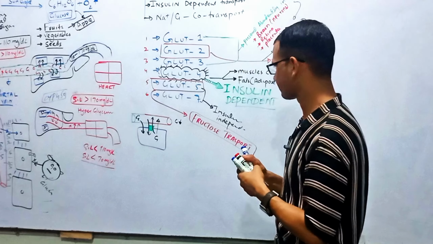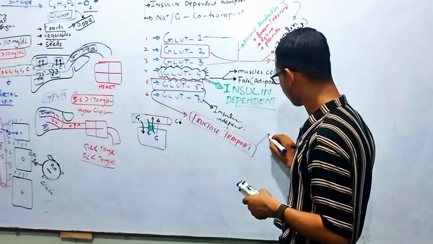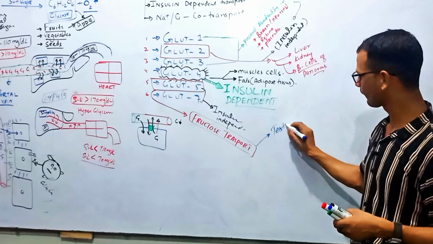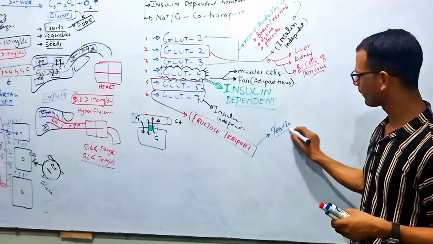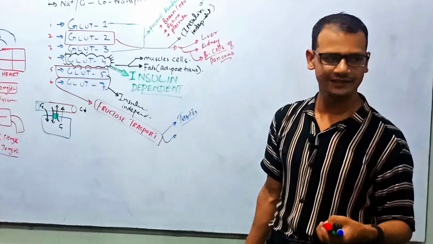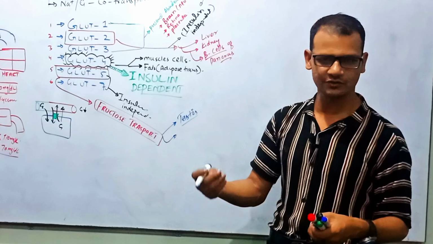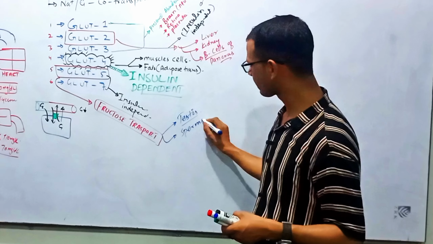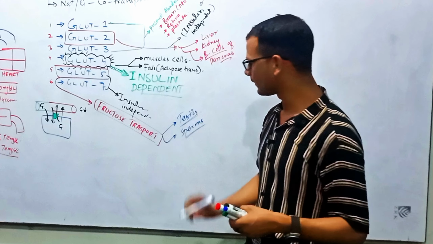What are these cells? First of all, the testes. They feed on fructose, and sperms move with the help of energy which is released from fructose. So sperm cells also need fructose.